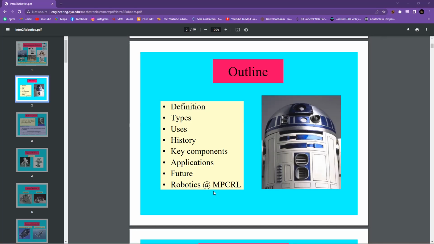Robots are programmable machines built to assist and or mimic human actions. It's through robotics that we have robots. So robotics is the intersection of science, engineering and technology, whilst the product of robotics is what we call robots.